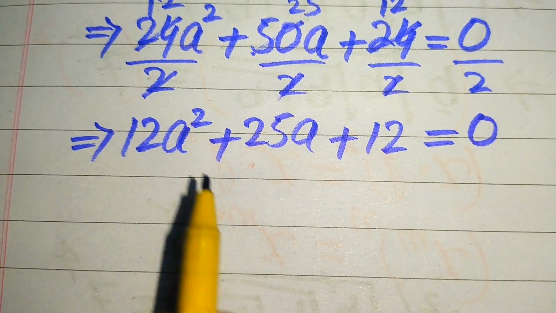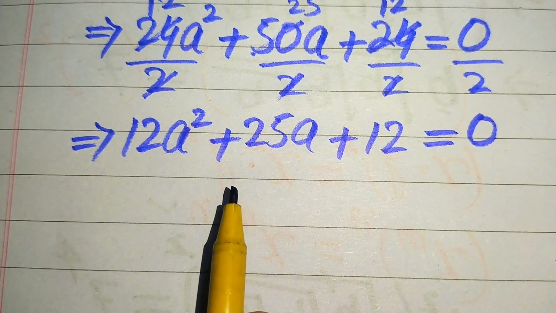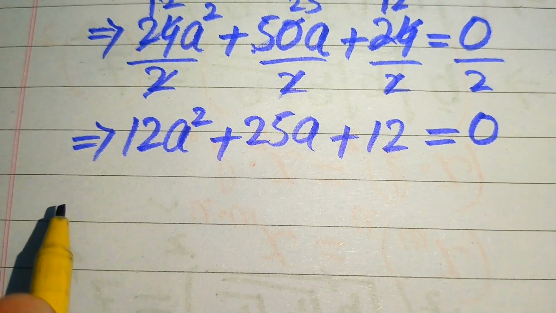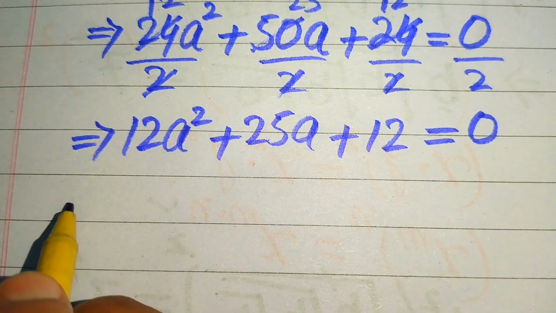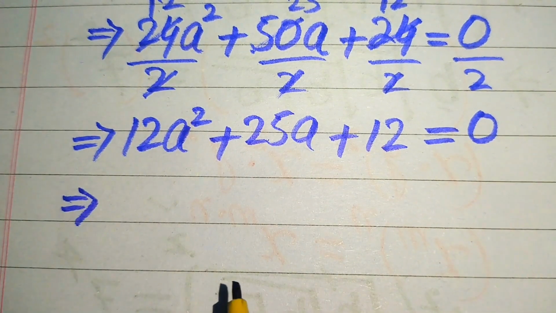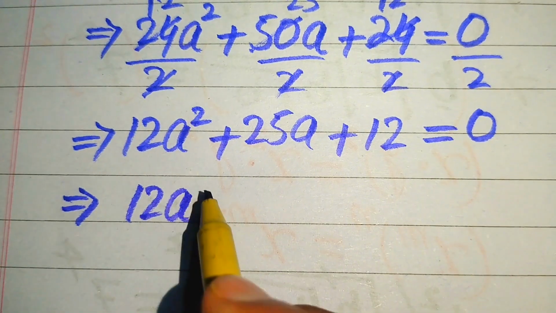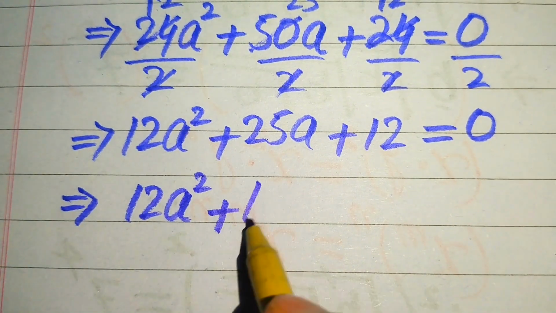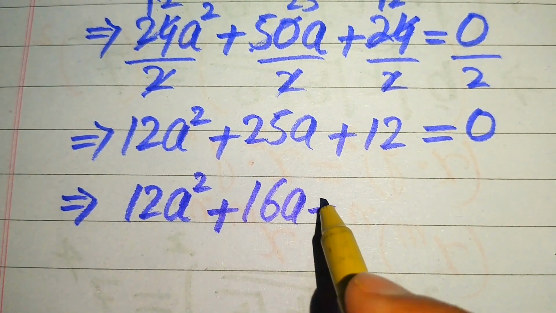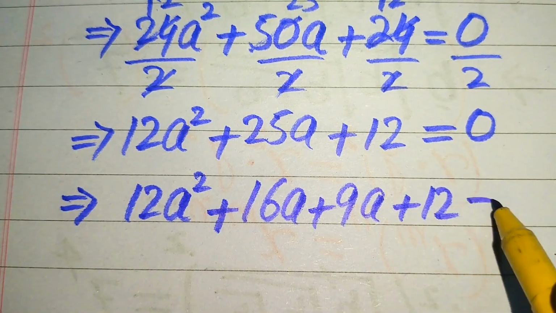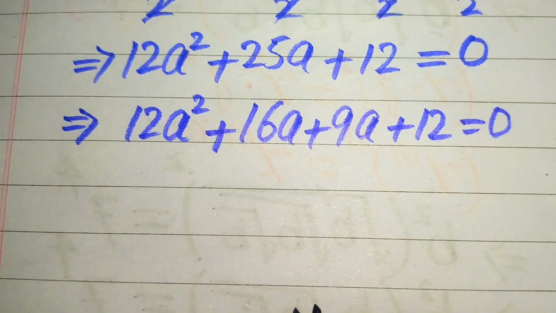So in the next step you see that after a little bit of simplification we convert our given equation into the quadratic form, and here we just use the factorization technique to make the factors of this equation. So here we break its middle term, and we write this 25a as 16a plus 9a plus 12 is equal to 0.